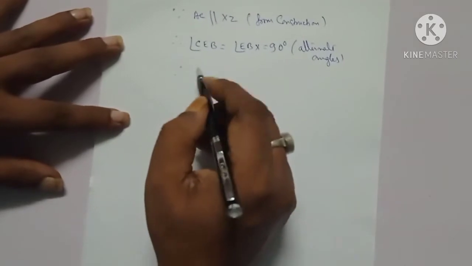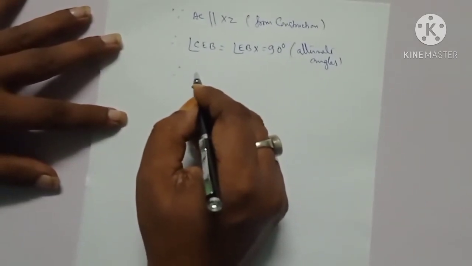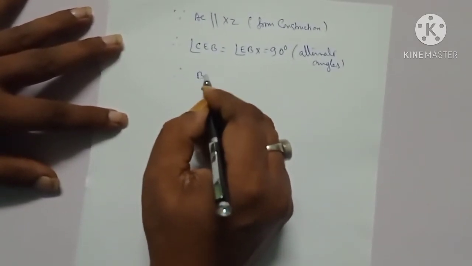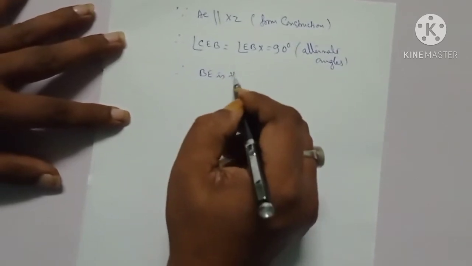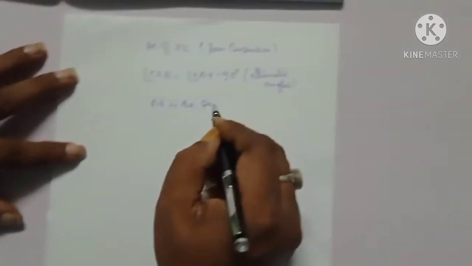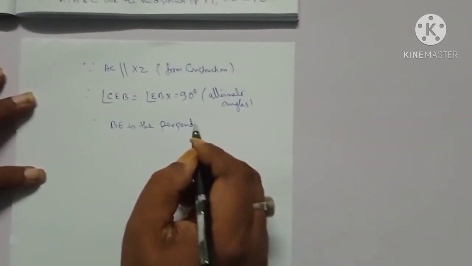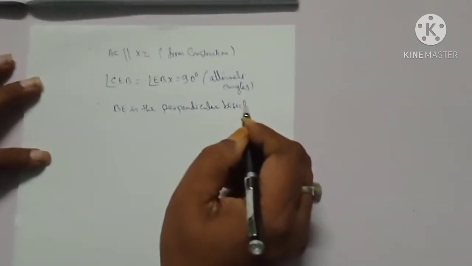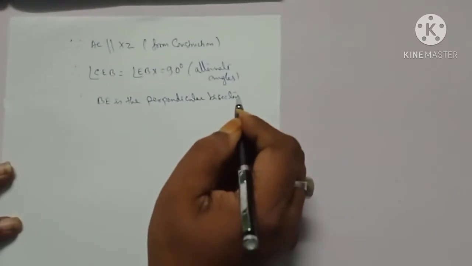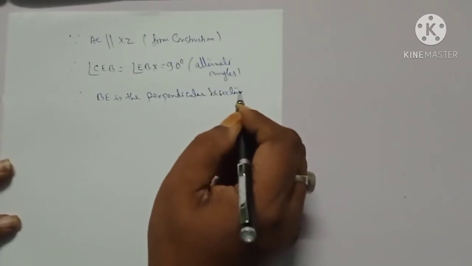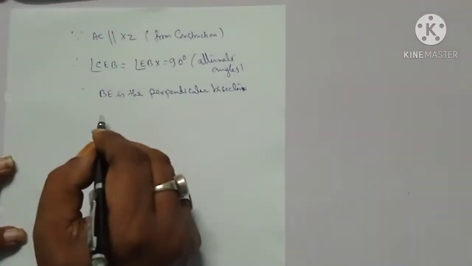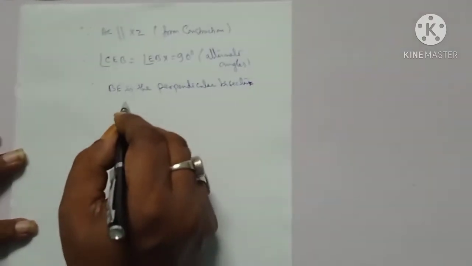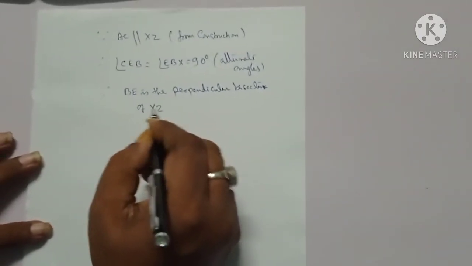Therefore, we can say that BE is the perpendicular bisector of XZ.